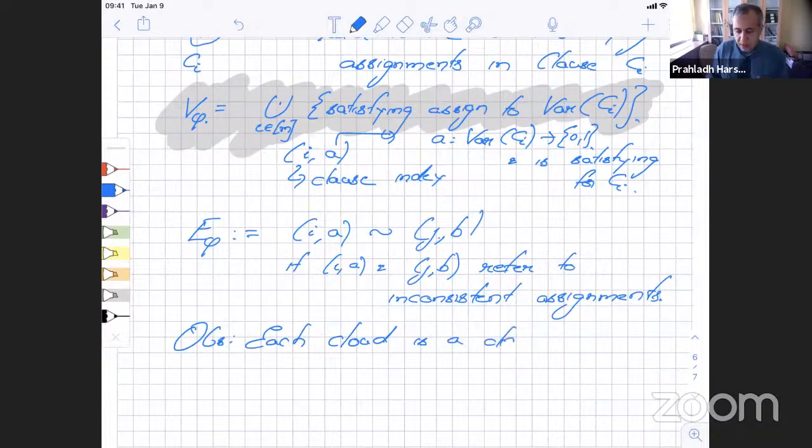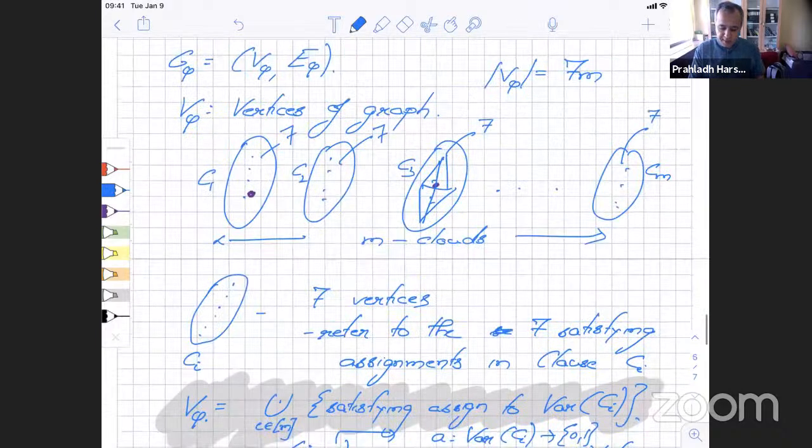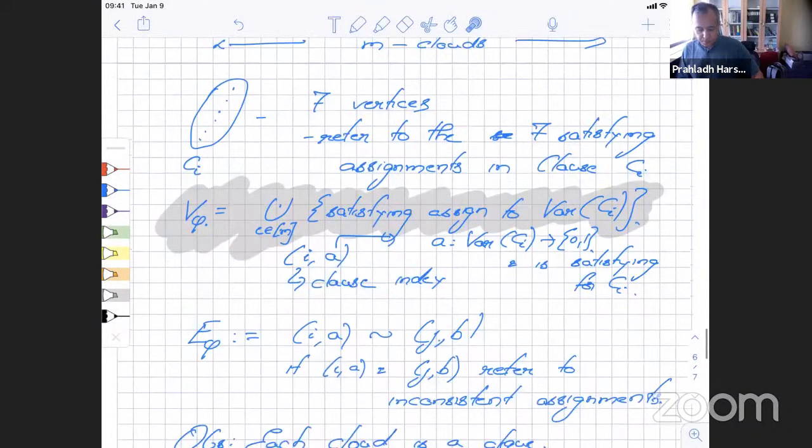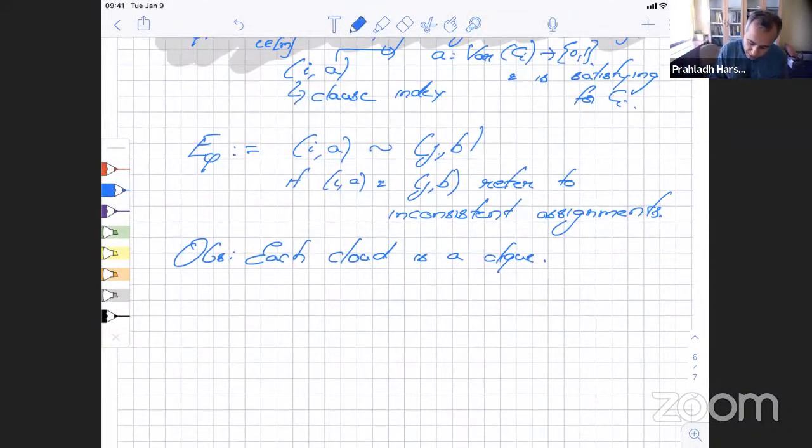Yes, it's a complete graph, a K7 over there. So this graph looks like there are copies of K7s: a K7 here, a K7 here, a K7 here, and then there are further edges going across. And now I'm going to define K phi to be equal to M. Notice M is the number of clauses.